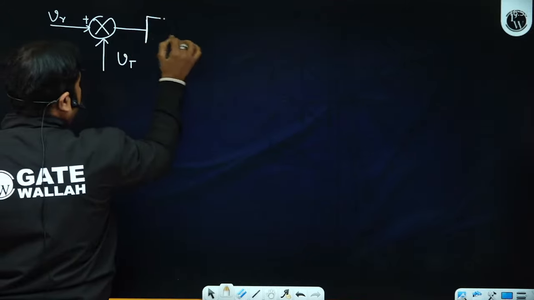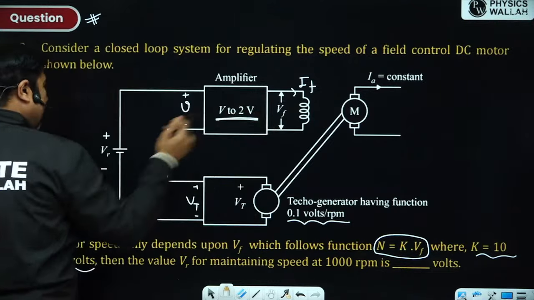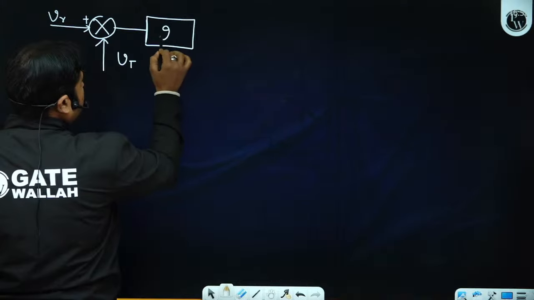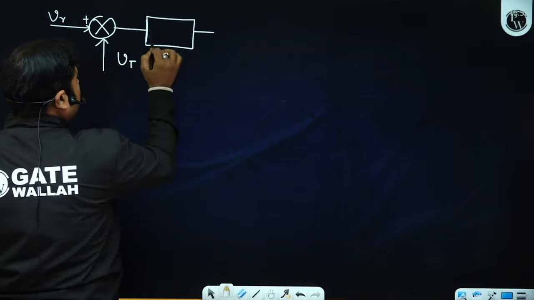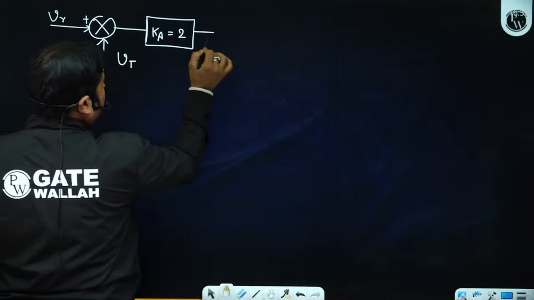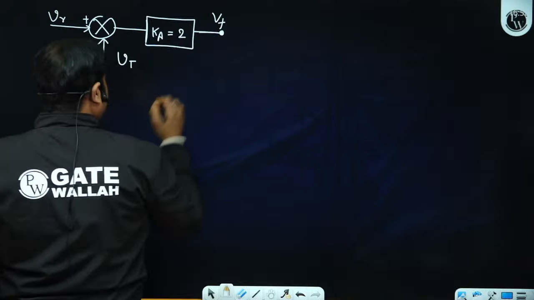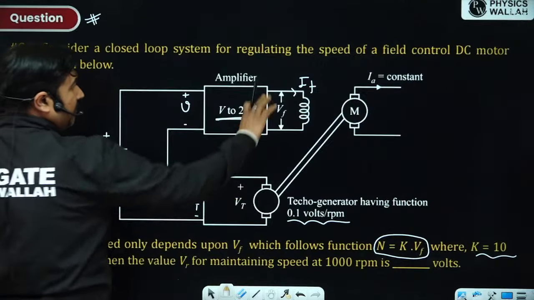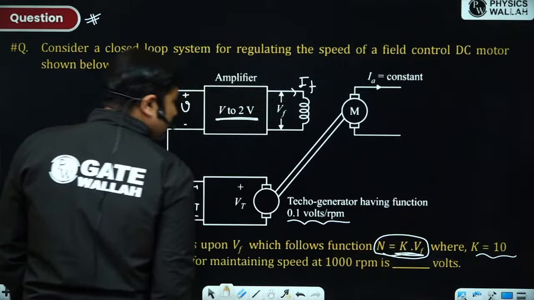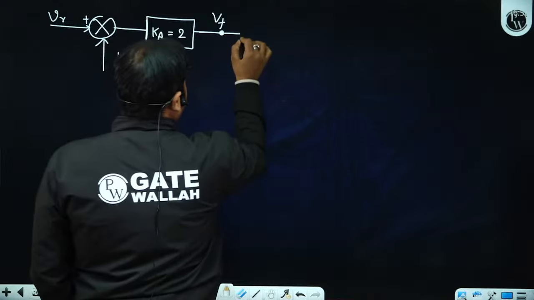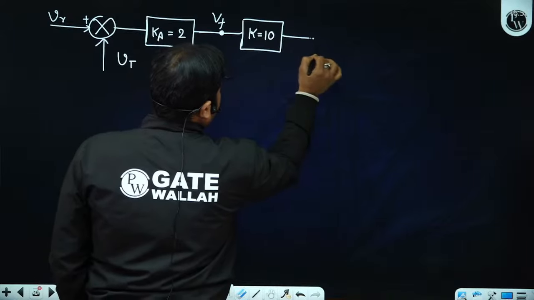And now we have an amplifier that provides a gain of 2, so K of amplifier equals 2. And then we have the field voltage Vf. Vf into K will give you speed in rpm, where K is given to you as 10 in the question itself.